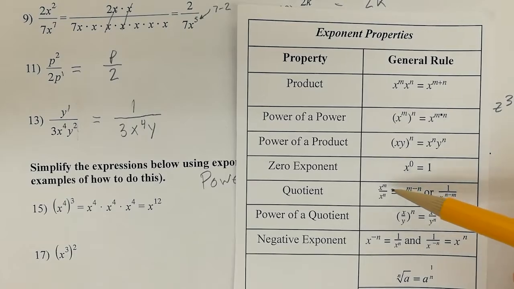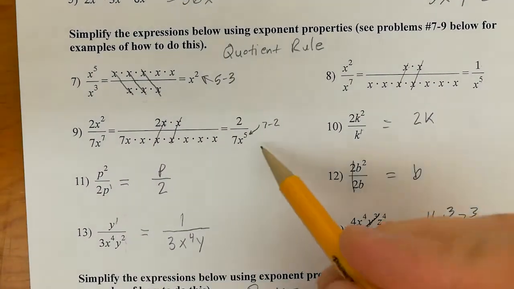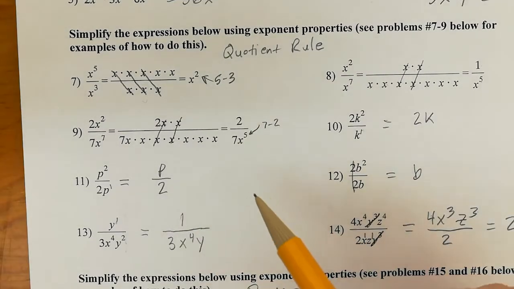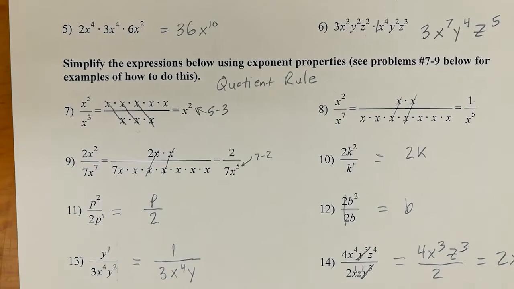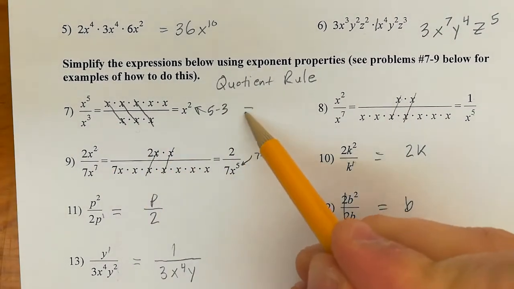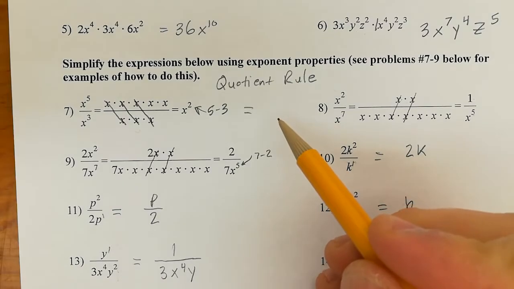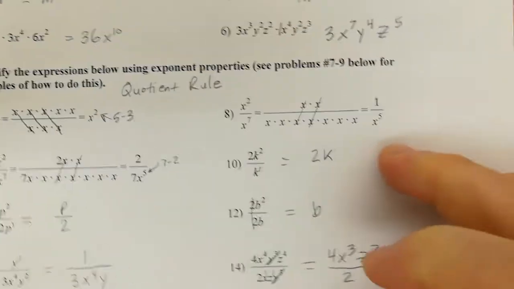You can actually, let me go back to this really quick. You are able to actually get negative exponents. Really, it should say in the directions, make sure your answers all have positive exponents. But it is possible, like on number 7, this would also be the same. Actually, that's a bad example. Let me do like number 8.